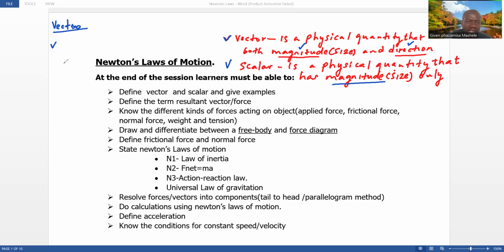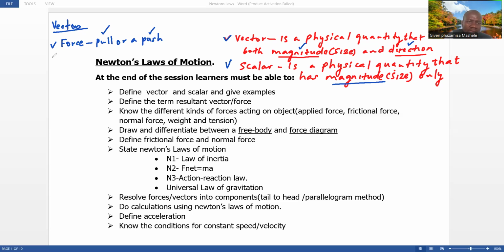We have things like force, which is usually a pull or a push of an object. When you are pulling or pushing an object, you are pushing it with a certain magnitude and in a certain direction. So that is an example of a vector.